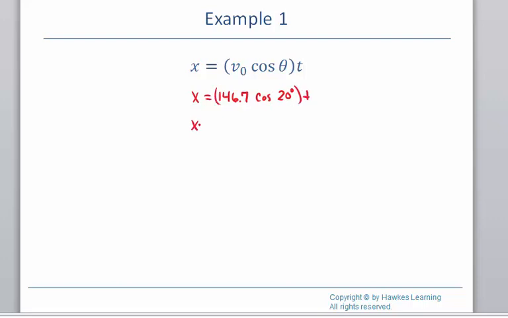And I'm going to multiply that by t. So this one is a little easier to work with. So we're going to have 146.7 times cosine 20 gives me 137.9 t. And this is my other parametric equation to describe that object's motion.